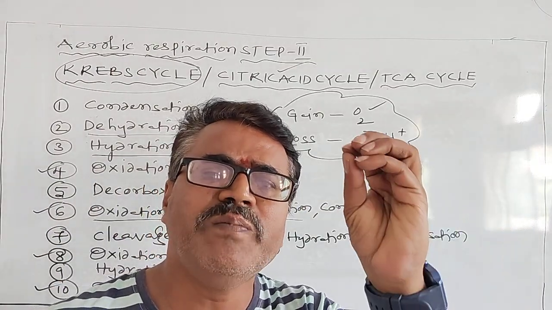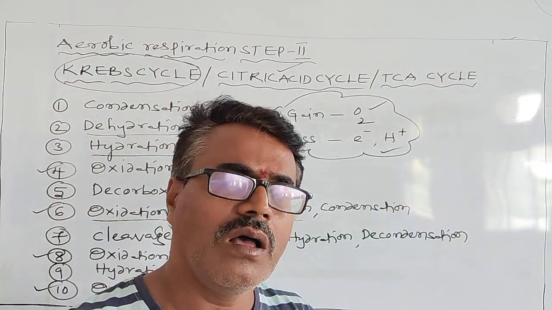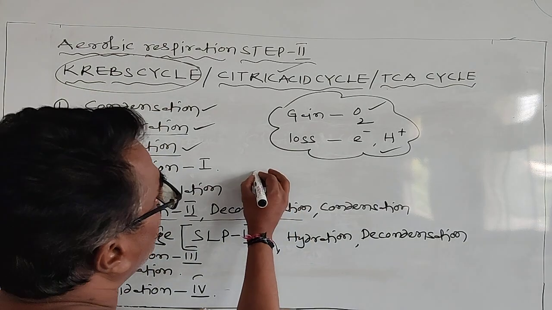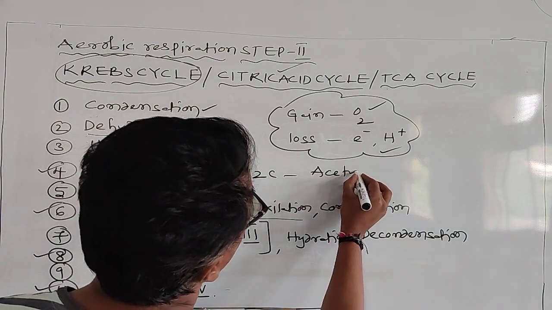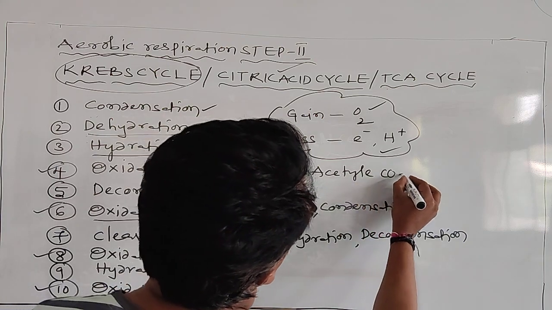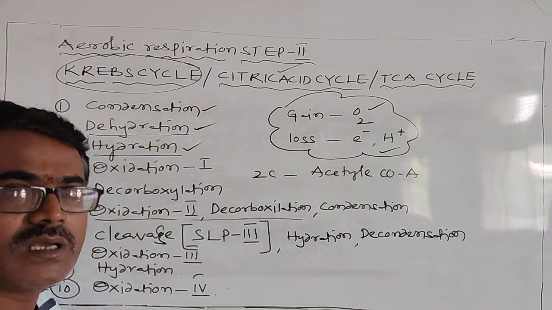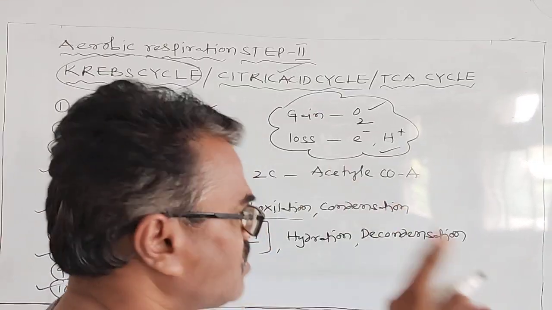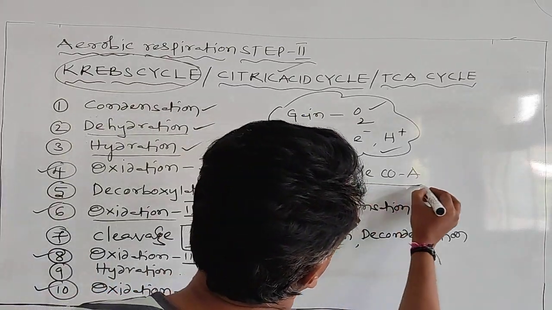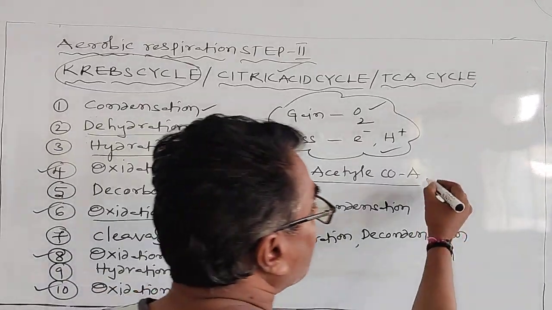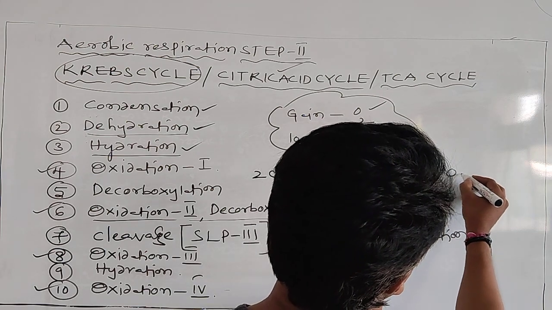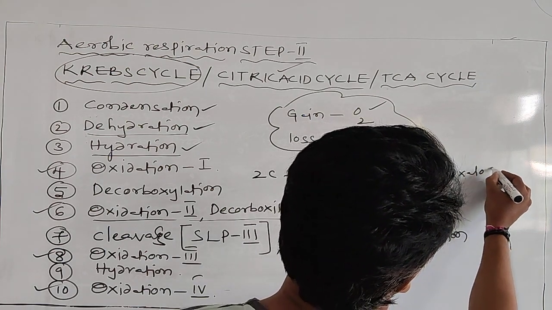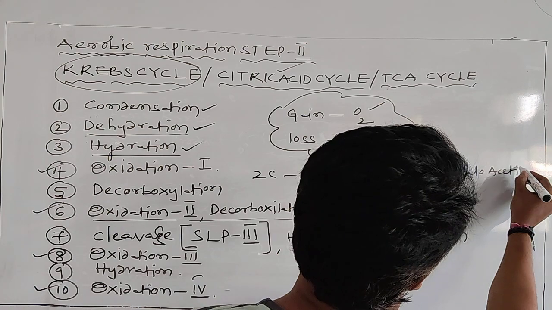The Krebs cycle begins with the 2 carbon compound, that is acetyl coenzyme A. The Krebs cycle starts with acetyl coenzyme A, which condenses with the 4 carbon compound, that is oxaloacetic acid.